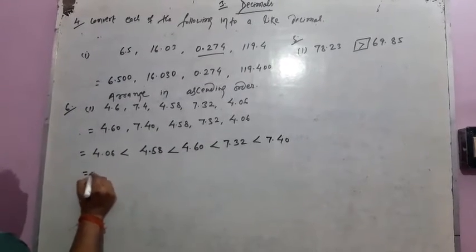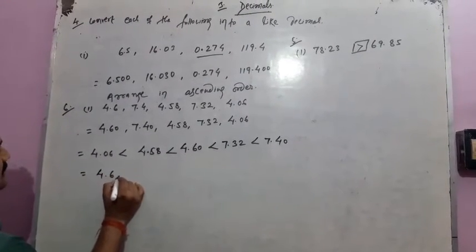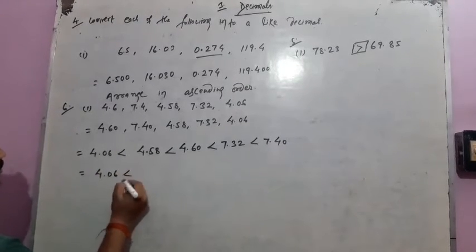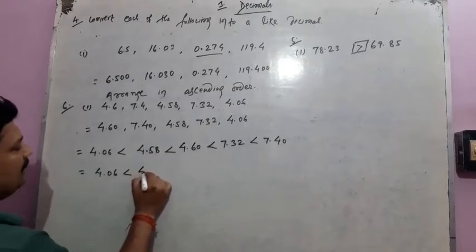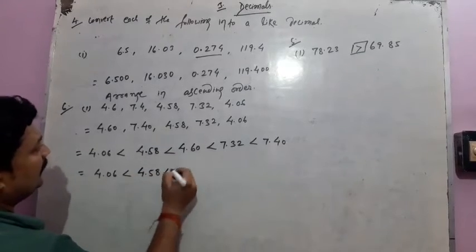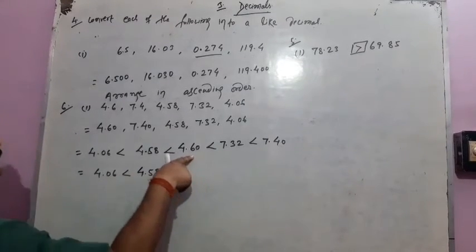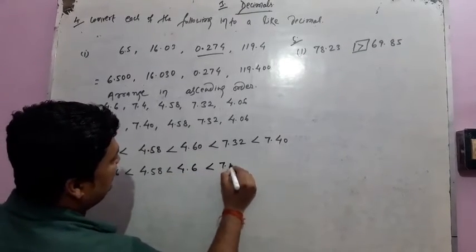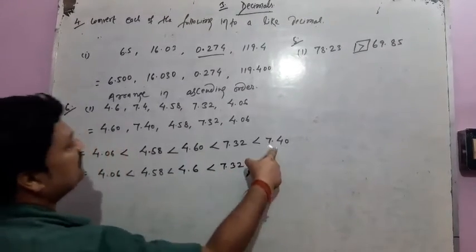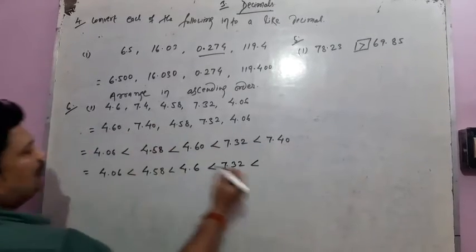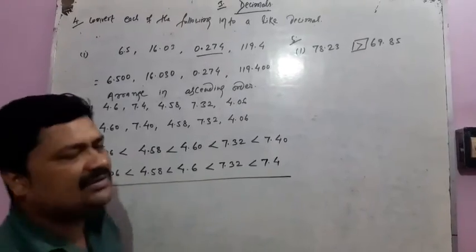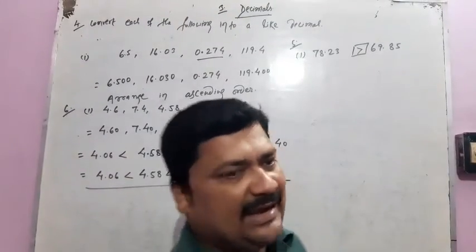Okay, in this way we can write here 4.06 is smaller than 4.58 and 4.60, which we got from 4.6, so we have to write here 4.6, is smaller than 7.32 and 7.40, which we got from 7.4, so we have to write here 7.4. That's the way by which we can arrange the decimals in ascending order.